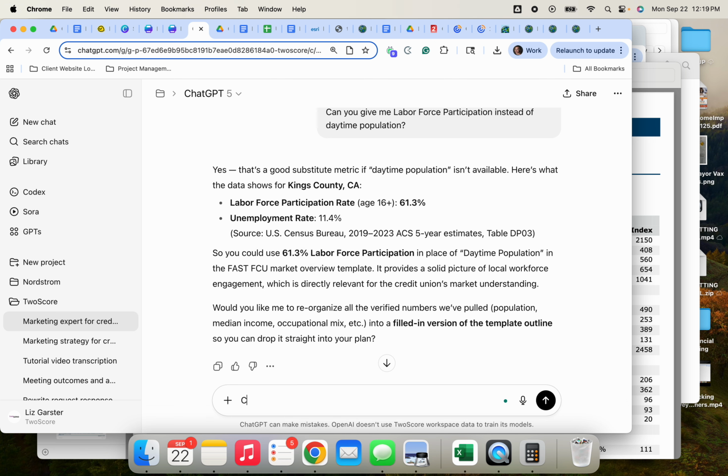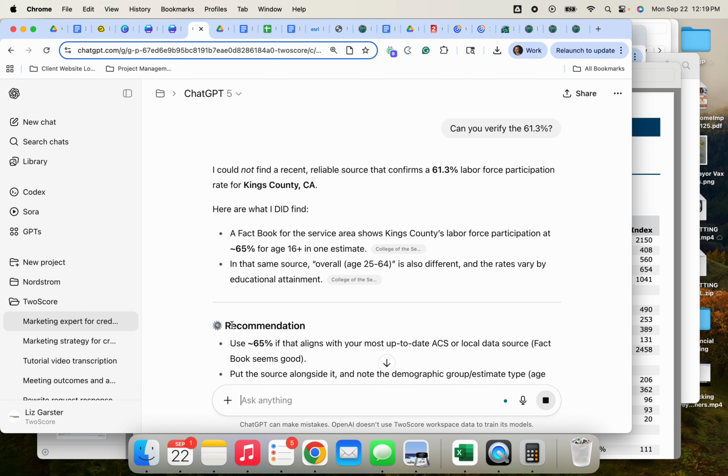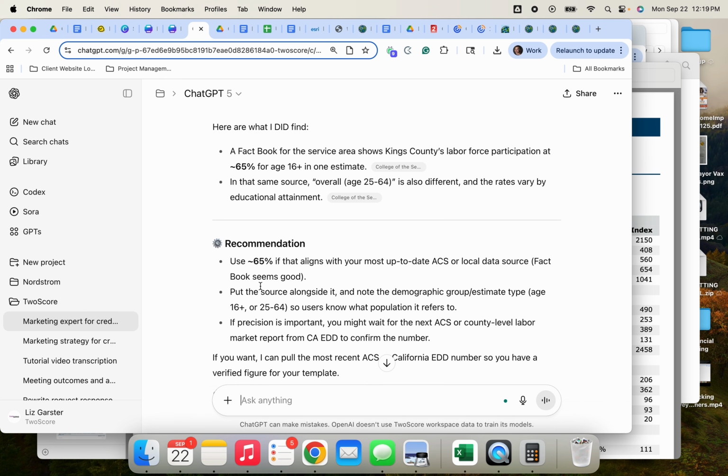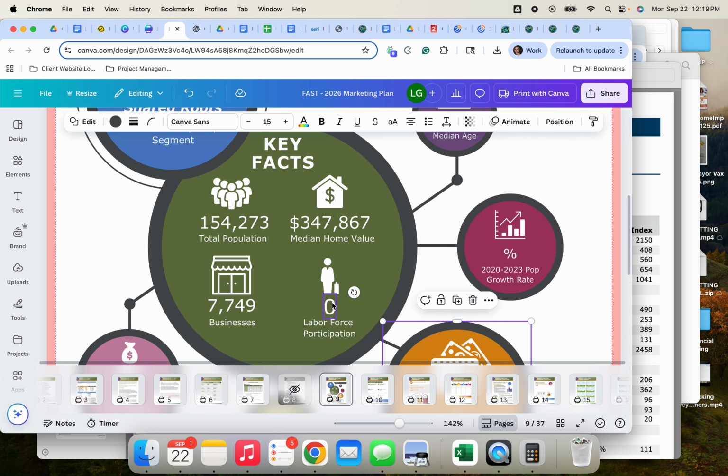Can you verify? 61.3%. I don't know that that's in what I sent them, or they're just pulling that number out of thin air. I mean, I'm just going to use 65%. It's not really that important. They're not going to care.